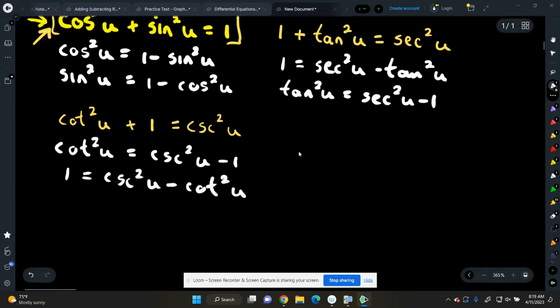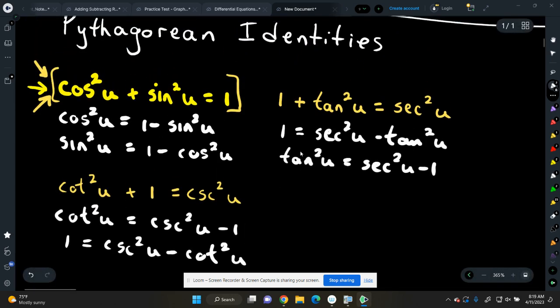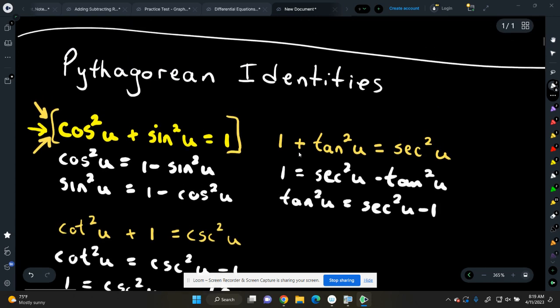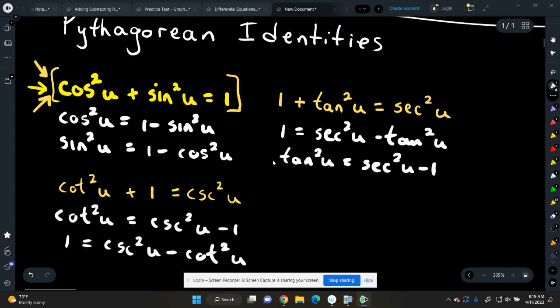Those are our Pythagorean identities. Looking at the yellow ones, I know the fundamental Pythagorean identity. The other two yellow ones come from dividing everything by cosine squared or dividing everything by sine squared. The white ones are just a matter of rearranging them.